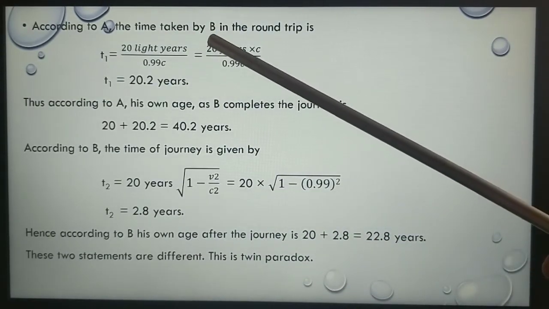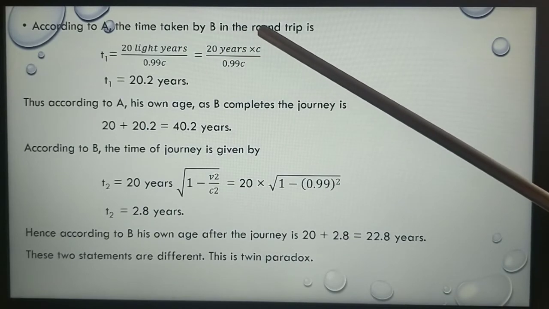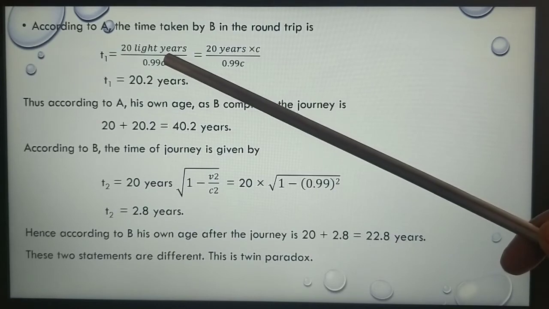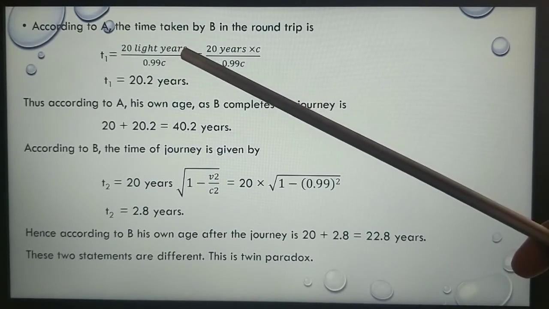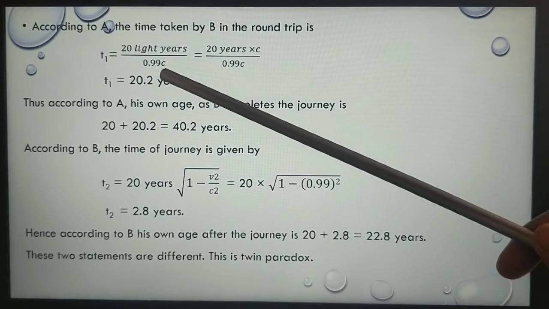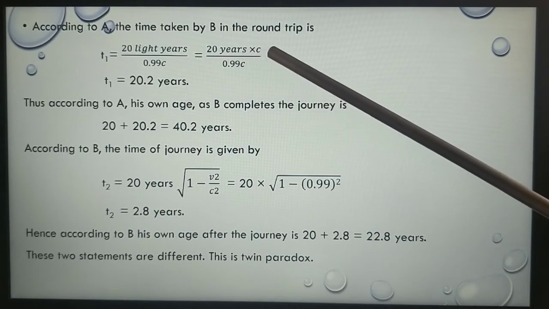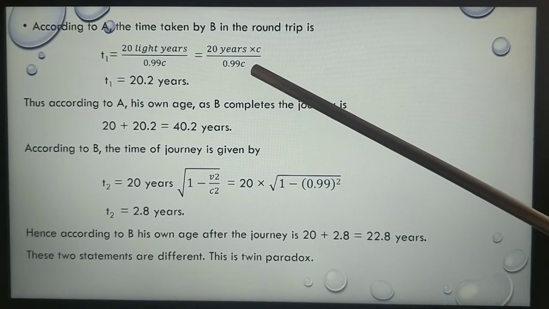According to A, the time taken by B in the round trip is T1 equal to 20 light years upon velocity, that is 0.99 c, and this is equal to 20 years times c upon 0.99 c.